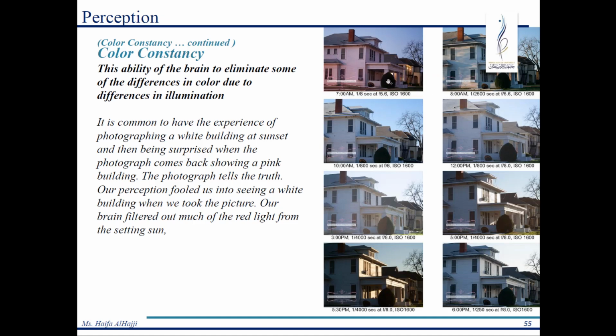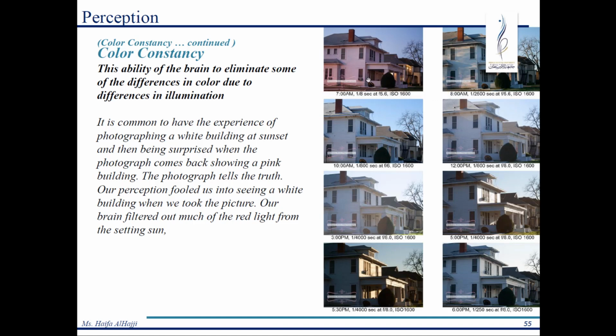Now, when I took pictures of the same building at different times of the day and compared them together, I can see that this one has a pink hue, this one has a bluish hue, and this one has a greenish hue. I couldn't tell this hue when I was actually looking at the building outside at that time. But now that I compare them, I can see that they are different.